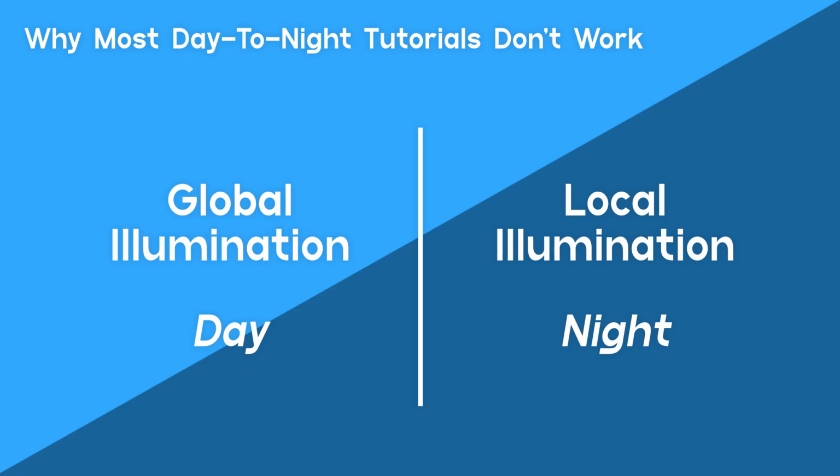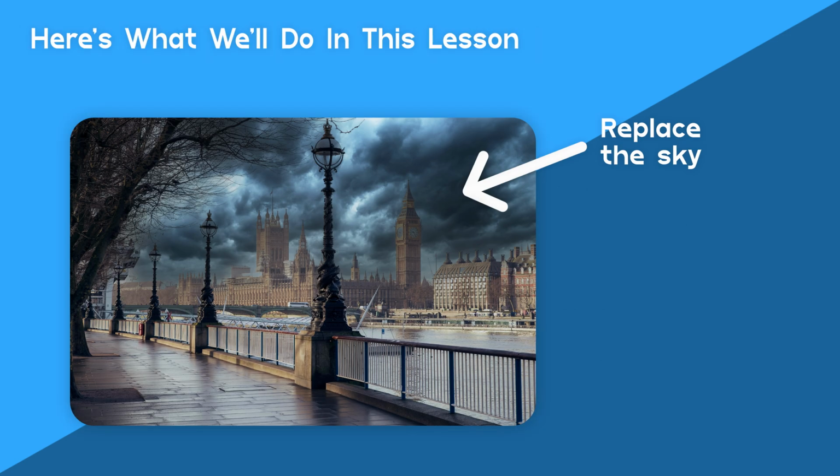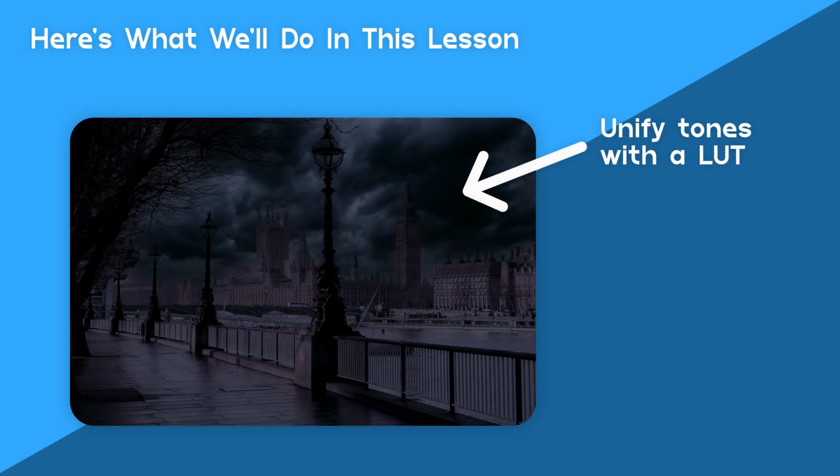So if you want to produce a convincing night photo, the first step is to remove the sky that's causing daytime light, and replace it with a sky that matches the mood that you want. Here's what we'll do in this lesson. We will replace the sky with a realistic night sky. Then we will unify the tones across the image using a custom lookup table, so the sky and the foreground belong to each other.